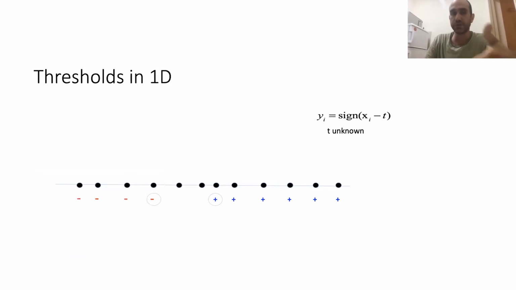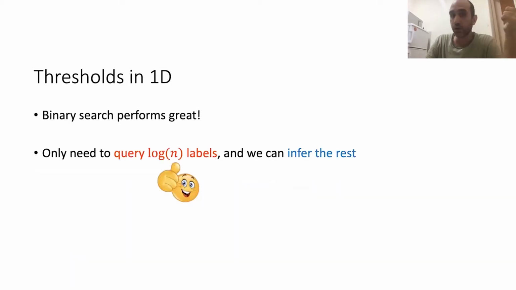Again, we see it's minus, and then everything to the left of it must be minus. This way, we proceed for log n iterations, and we infer all of the labels. So we see that with just log n label queries, we are able to infer all the labels given by some unknown threshold.